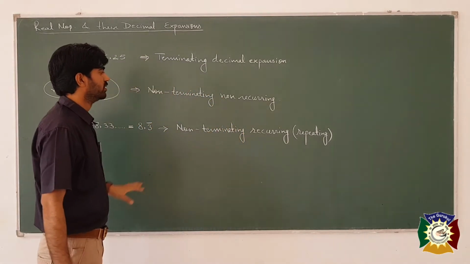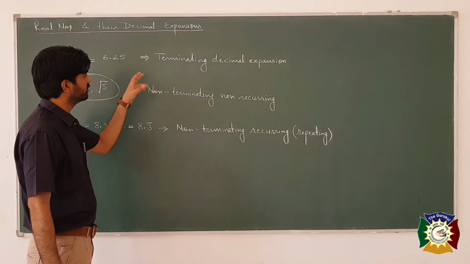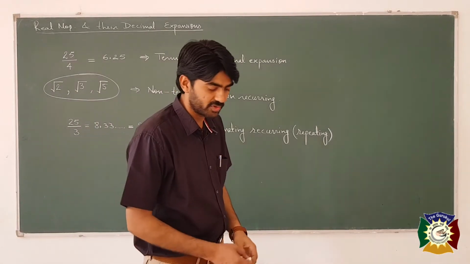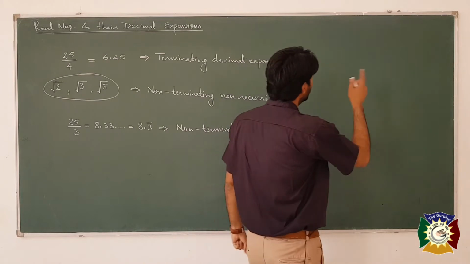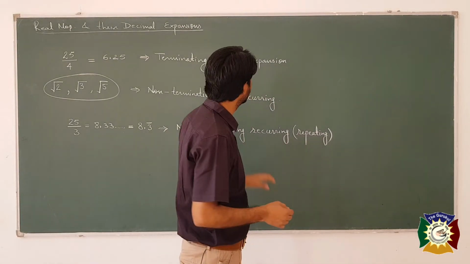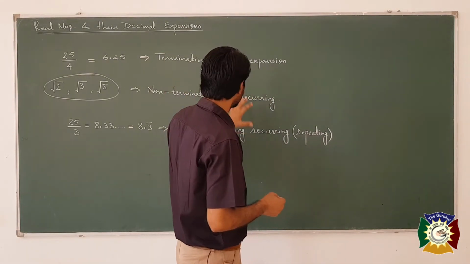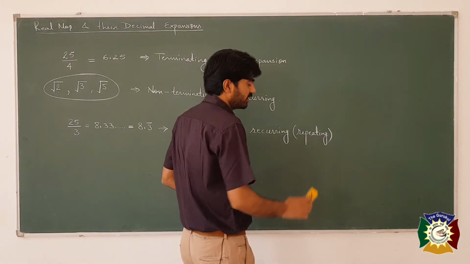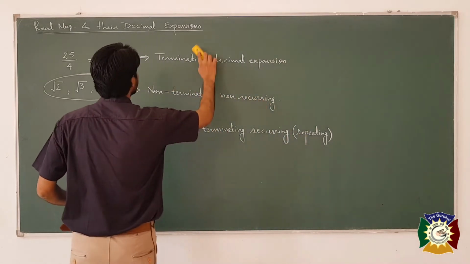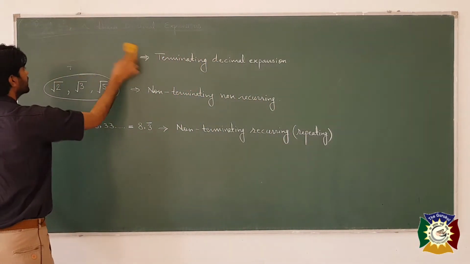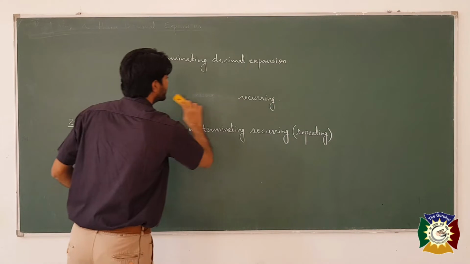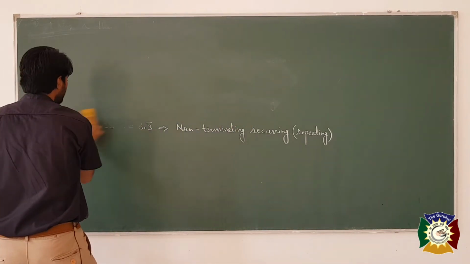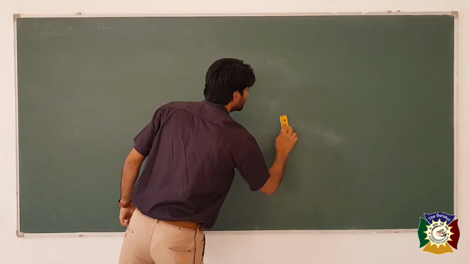So in all, we can say that we have got 3 types of decimal expansions. Now if I divide real numbers in these decimal systems, I will get a chart. On the basis of decimal expansion, I am going to divide the real numbers.